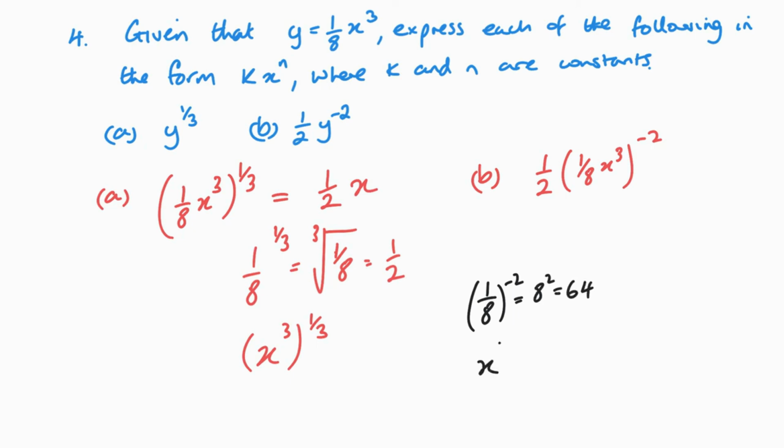My x cubed to the minus 2, I can just multiply them, x to the minus 6. And then replacing that back in here, I'm going to have a half times 64 times x to the negative 6. Half of 64 is 32, and I can put my x to the power 6 on the bottom there instead.